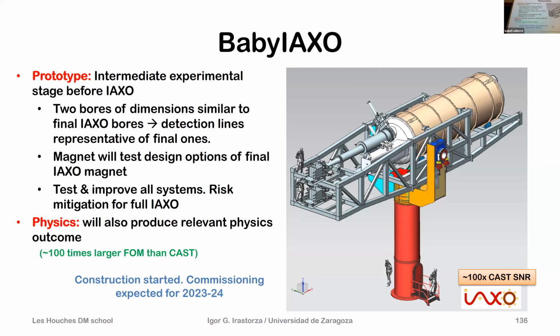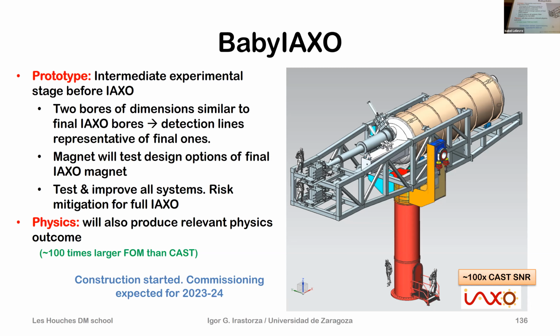And this is something that is right now being built, and it will serve as a technological prototype for the big IAXO, and at the same time produce physics, because the figure of merit of BabyIAXO will be something like 100 times the CAST figure of merit. So one could see a signal that in CAST is barely at the noise, and it should appear in BabyIAXO with a signal to noise of 100.